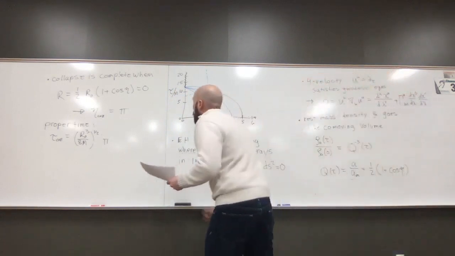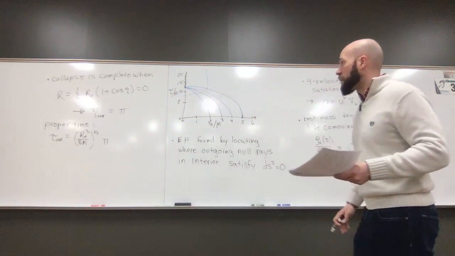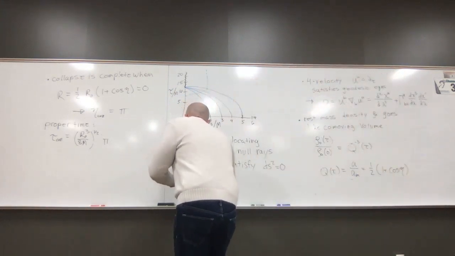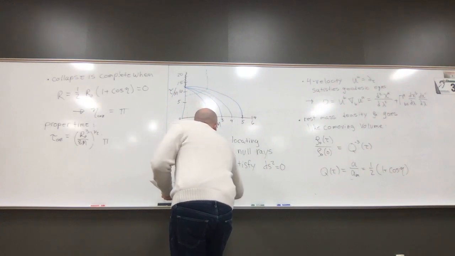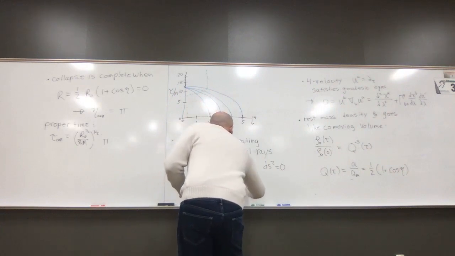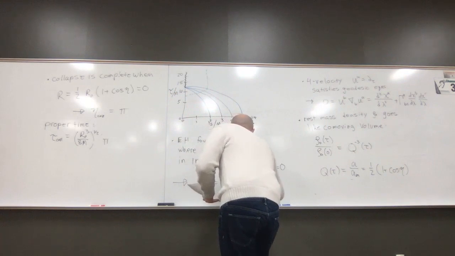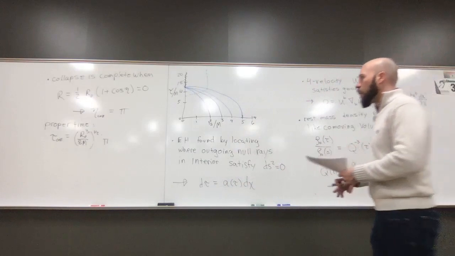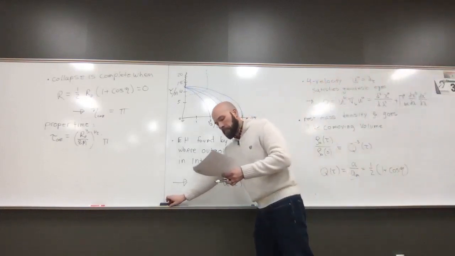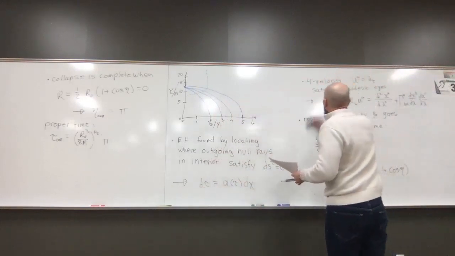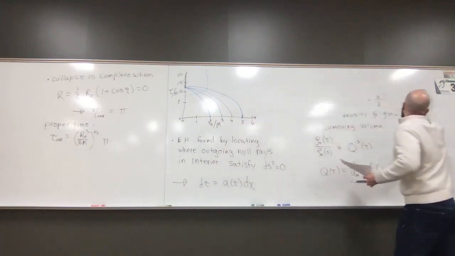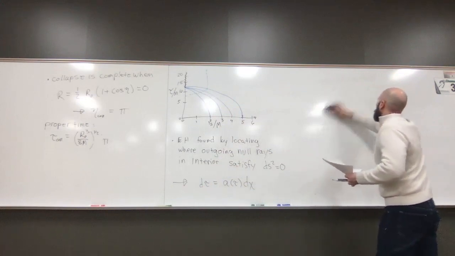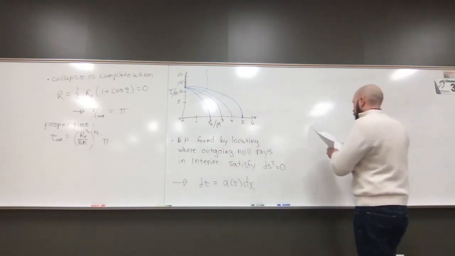Okay. Plugging that into our interior Friedmann metric, which at this point I've erased, so you'll just have to trust me, this leads to d tau, the proper time, is a of tau times d chi, our Lagrangian mass coordinate. All right.